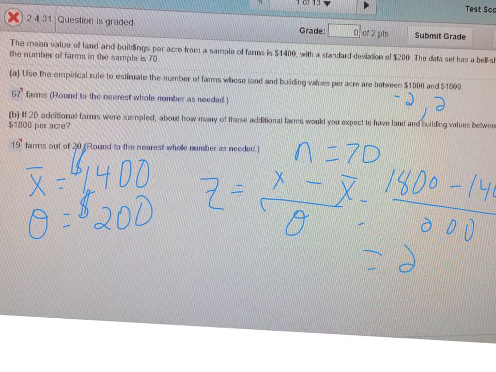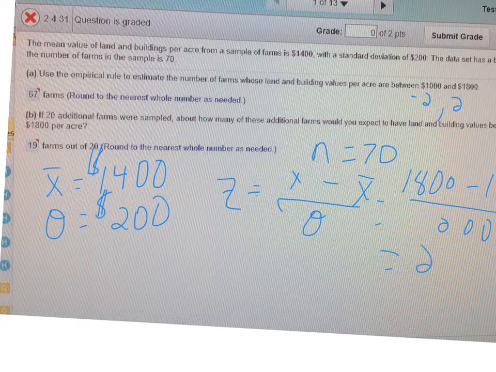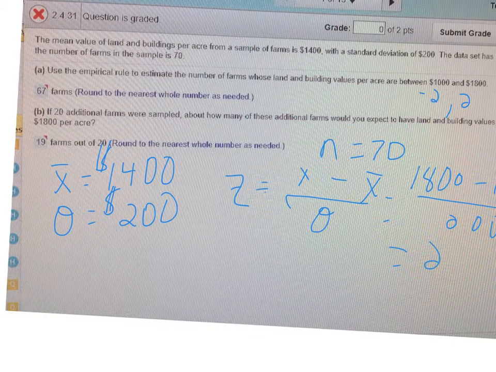If you look up that rule in this section, it'll tell you that within 2 standard deviations, 95% of the data will lie. You have 70 farms here, so you take 95% of that.